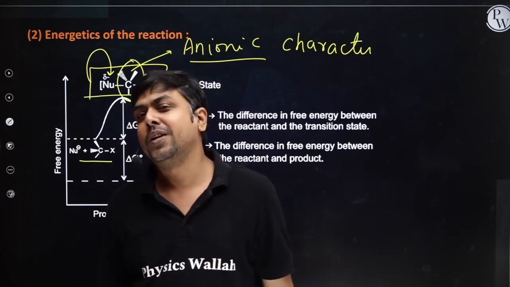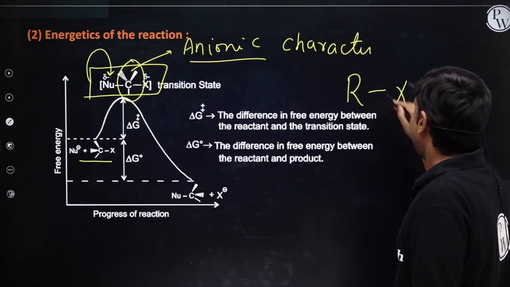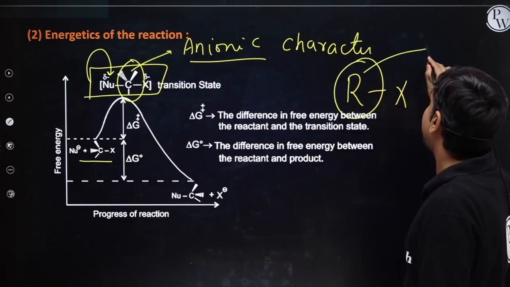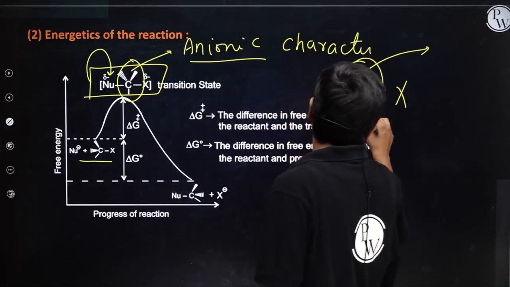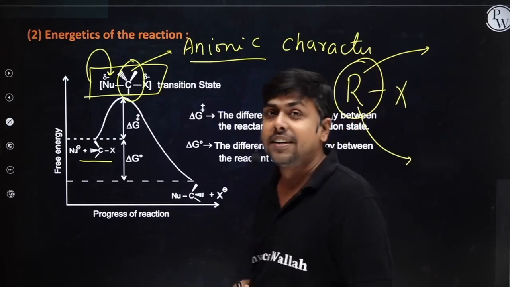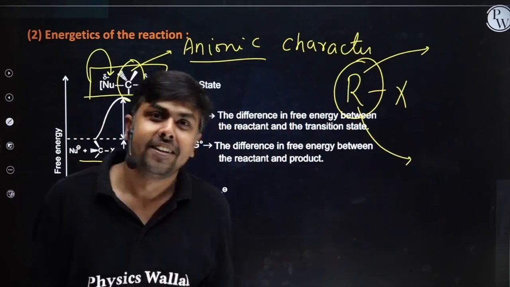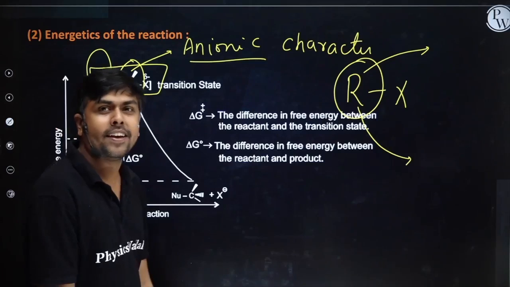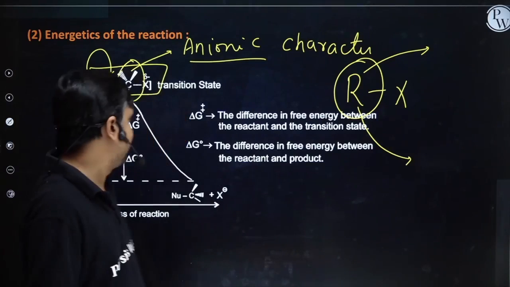Am I clear, students? So if the alkyl halide is bulky, if R is bulky, the rate of SN2 reaction will be less. If R is sterically less hindered, then the nucleophile will approach at a faster rate, and the rate of reaction will be very high. Am I clear?